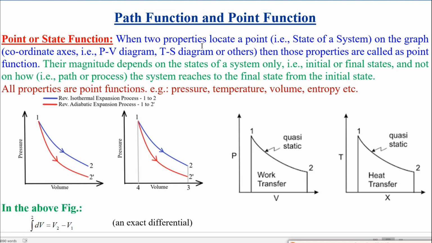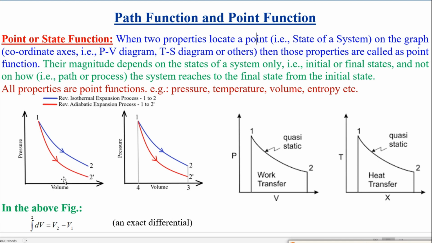So two properties locate a point, here P1 and here V1. By this V1 and this P1, we can identify the point 1. Similarly, by P2 and V2, we can find the point 2. Similarly, by V2 dash and P2 dash, we can find the point 2 dash.